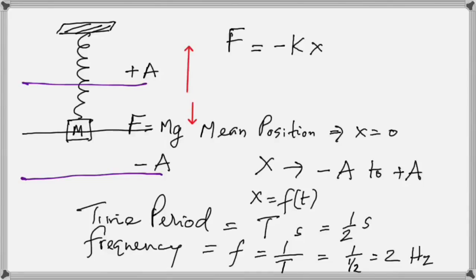Now the math. A little bit of math makes it enjoyable. We are going to analyze this motion and see what math we can bring to it. All right, so here we go. The starting formula is, of course, F is minus kx. K is the spring constant, F is the force in the spring, and x is the displacement.